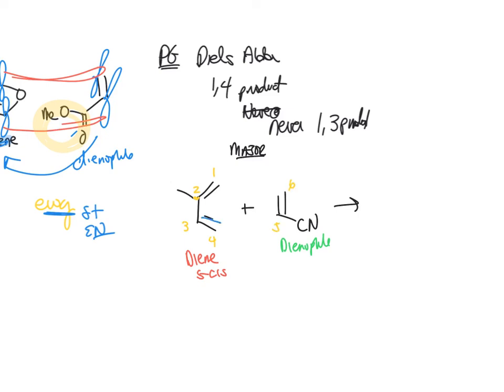And these electrons are going to go here. Those electrons go there. And then we draw our product. And we got the new double bond here, and we got the CN here. Now you could start here, 1, 2, 3, 4. You could say this is a 1,4 product. Okay, that works.